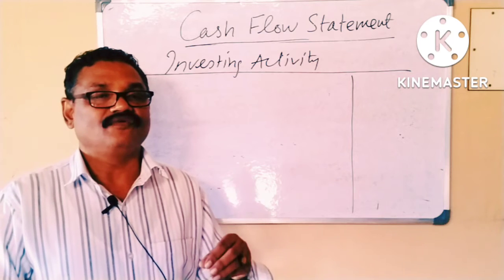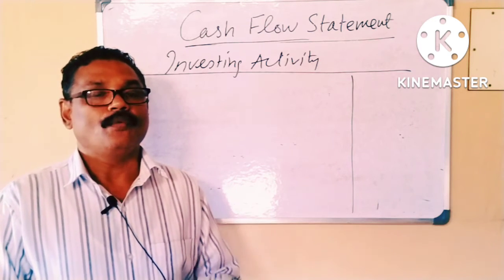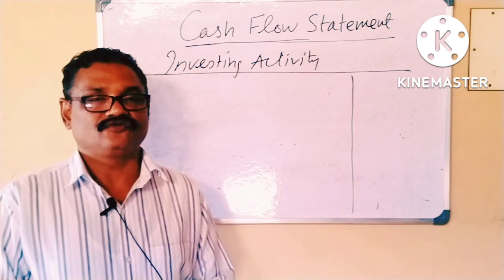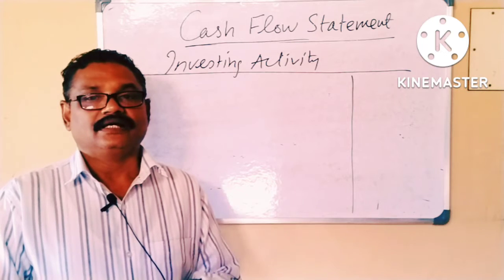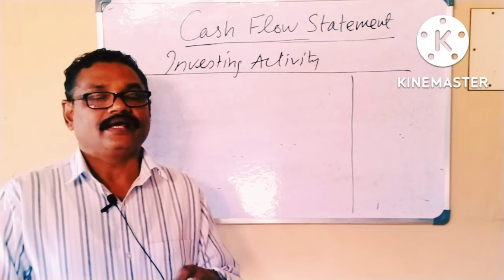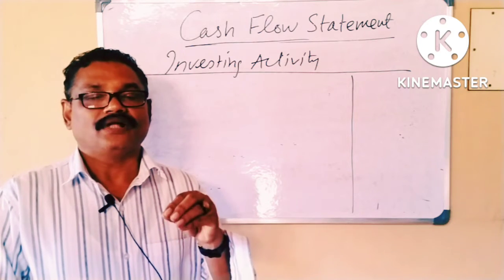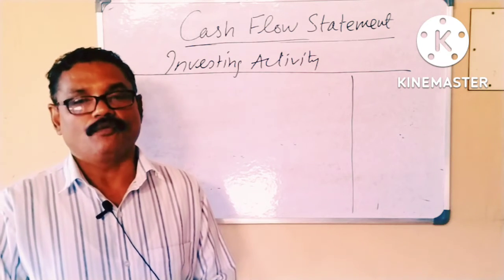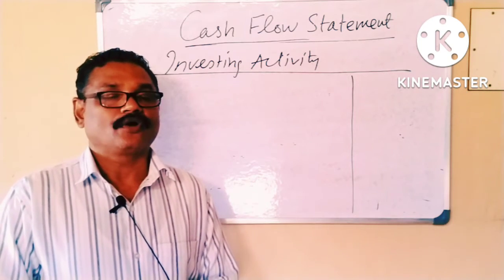Our cash balance will be going down. Anyhow, when there is a new purchase of fixed assets, there will be a payment of cash. That payment is called outflow. Without giving money, we cannot procure anything.